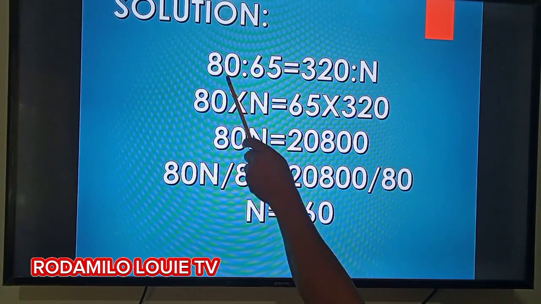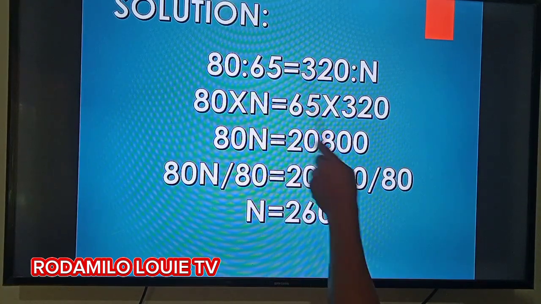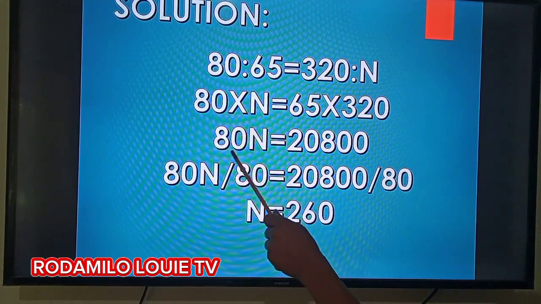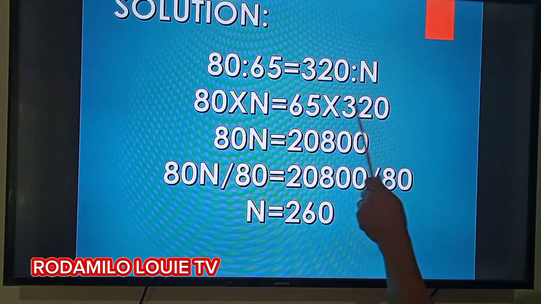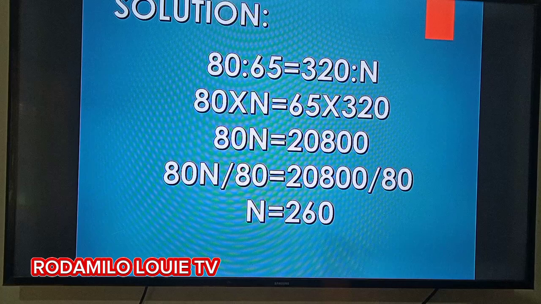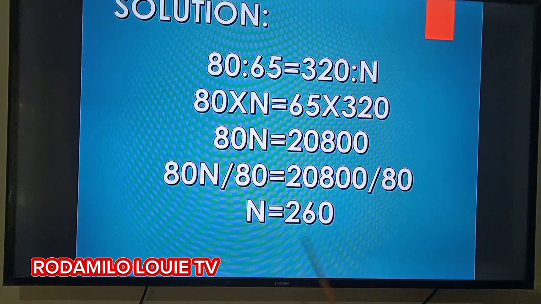So let's have 80 is to 65 is equal to 320 is to n. So 80 times n is 80n, and 65 times 320 is 20,800. So 80n divided by 80 is n, and 20,800 divided by 80 is 260. So n is equal to 260.